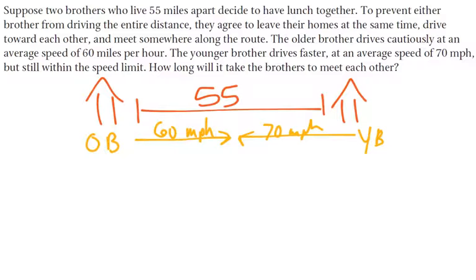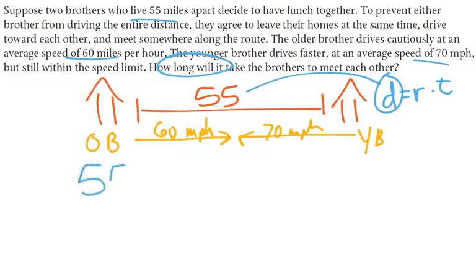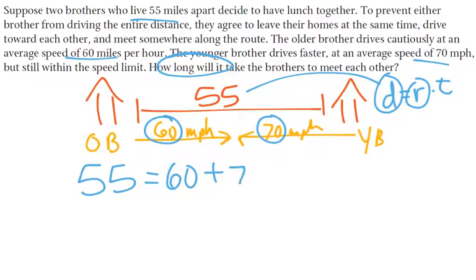So we know their speeds, we know the distance, we don't know the time. Distance always equals rate times the time. We know our distance is 55, so 55 equals, now we know our rates. Because they're covering the same distance, it's like they're traveling together, so I can add their rates together, and then that would be multiplied by the time to equal 55.